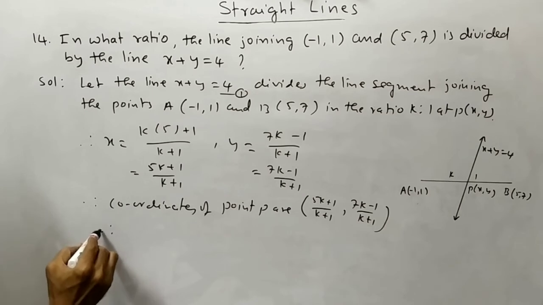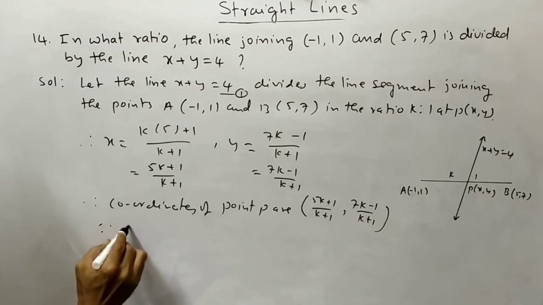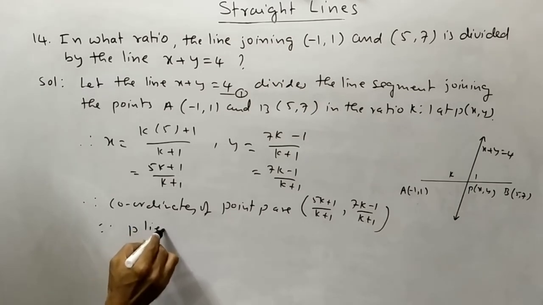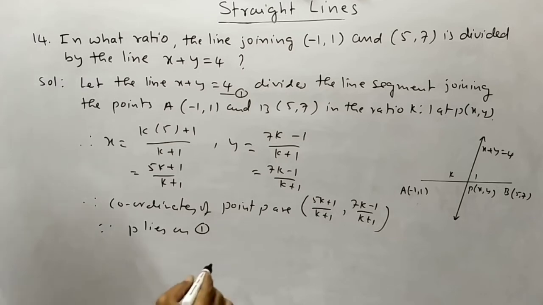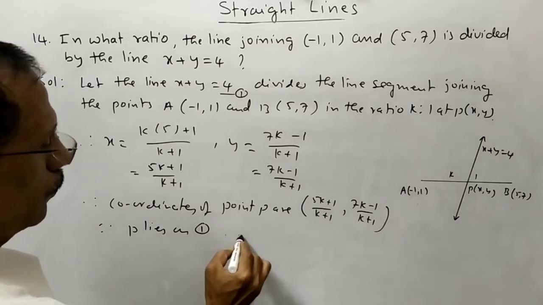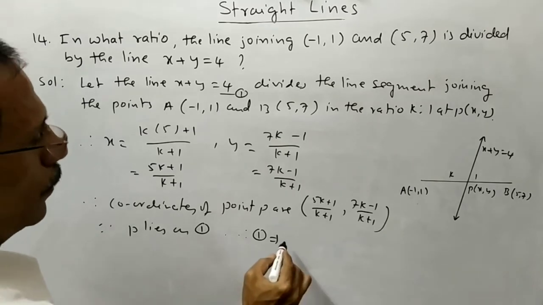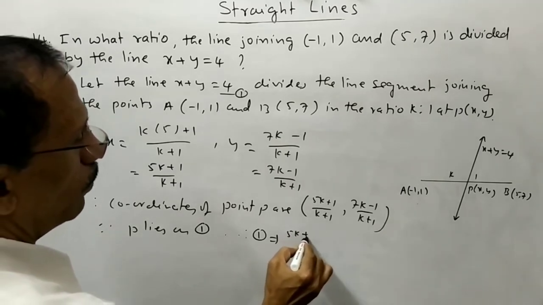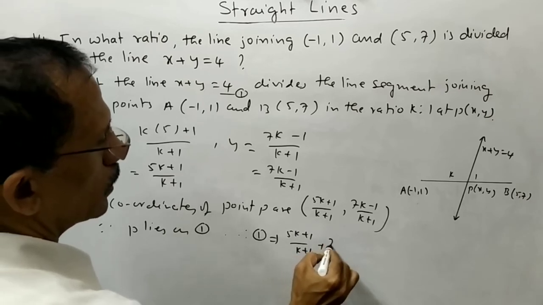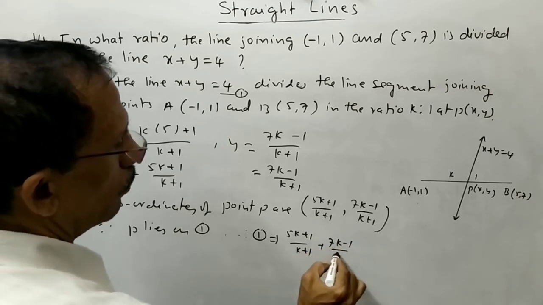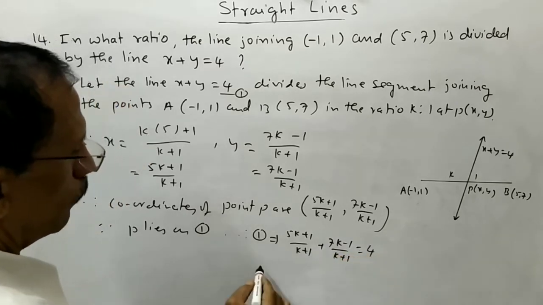Since P lies on 1, therefore 1 implies (5k plus 1) divided by (k plus 1) plus (7k minus 1) divided by (k plus 1) is equal to 4.